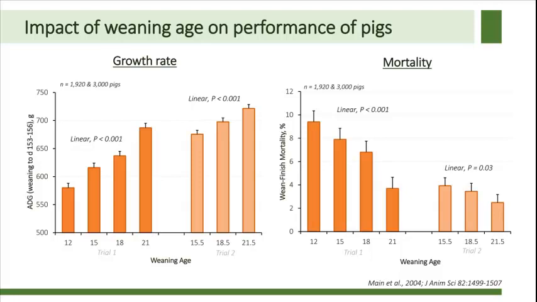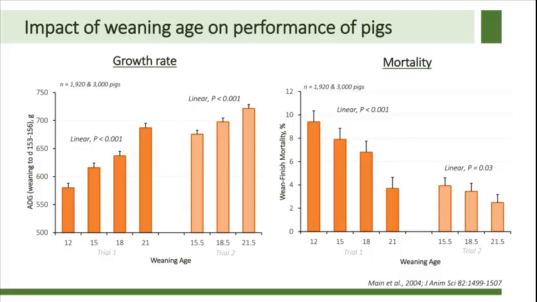As you can see in the two studies, he presented a very consistent response in the change in average daily gain by weaning age. The response was linear for the growth rate as well as for the mortality. The graph on the right shows the impact of weaning age on mortality, showing a reduction, also linear, when pigs were weaned from 12 to 21 days, or from 15.5 to 21.5 days.